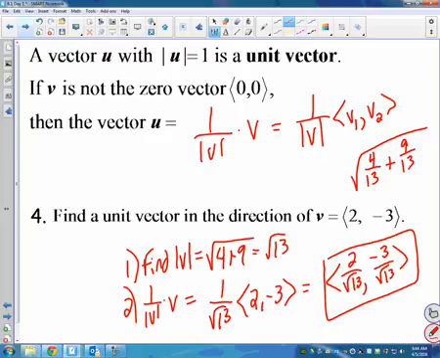So we get 13 over 13, which gives you a length of 1. It's a really cool little formula for how you can turn vectors into unit vectors. That's the formula you're going to use. All right, let's keep going. Lots of stuff.